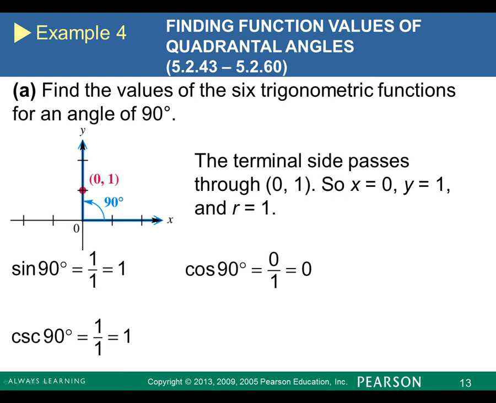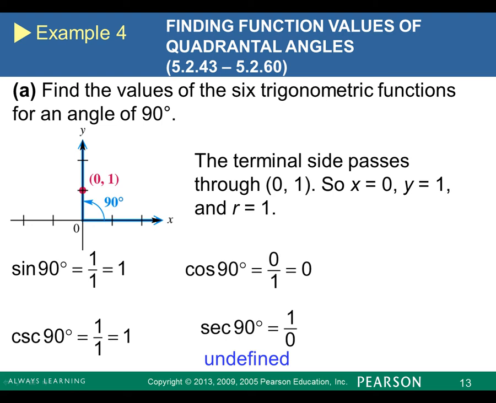Cosine is 0, but what is secant going to be at 90 degrees? Well, if we take 0 over 1 and we apply the reciprocal, now what do we have? It's undefined, right. Secant is undefined. Good.